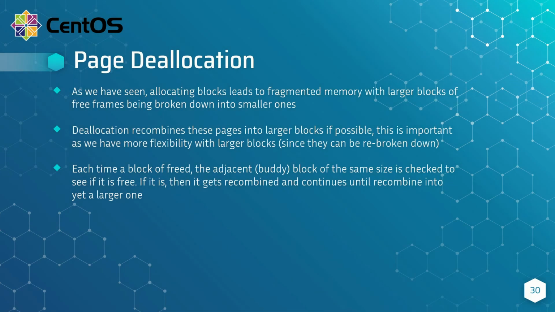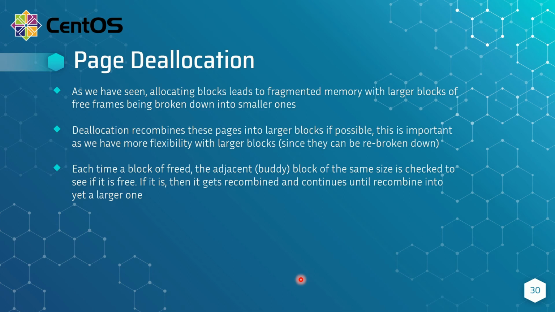In terms of page deallocation, as we have seen, allocating blocks leads to fragmented memory. The larger blocks of free frames get broken down into smaller ones, and then they get recycled and put back into the smaller queues. Deallocation then recombines these pages back into larger blocks where possible.